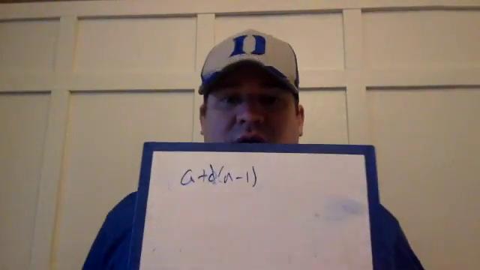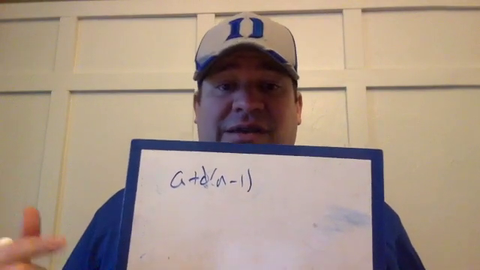It was A plus D times (n minus 1), where A was our first number, D was our common difference, and remember the common difference is just the number that we're adding every single time to make the sequence, and then N was the numbered term that we're looking for.